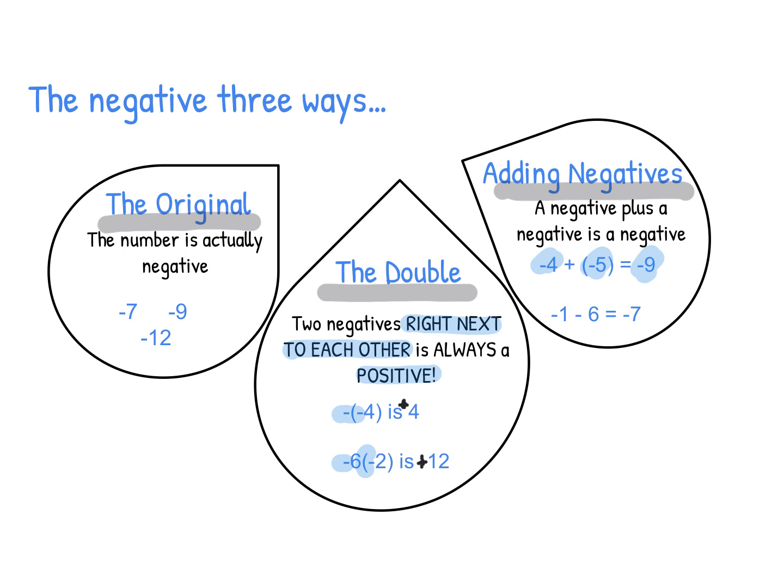Now the next problem, we have negative 1 minus negative 6, and that gives you negative 7. If you remember back, it's really saying negative 1 plus a negative 6. Those are two negative numbers to give you a value of negative 7.